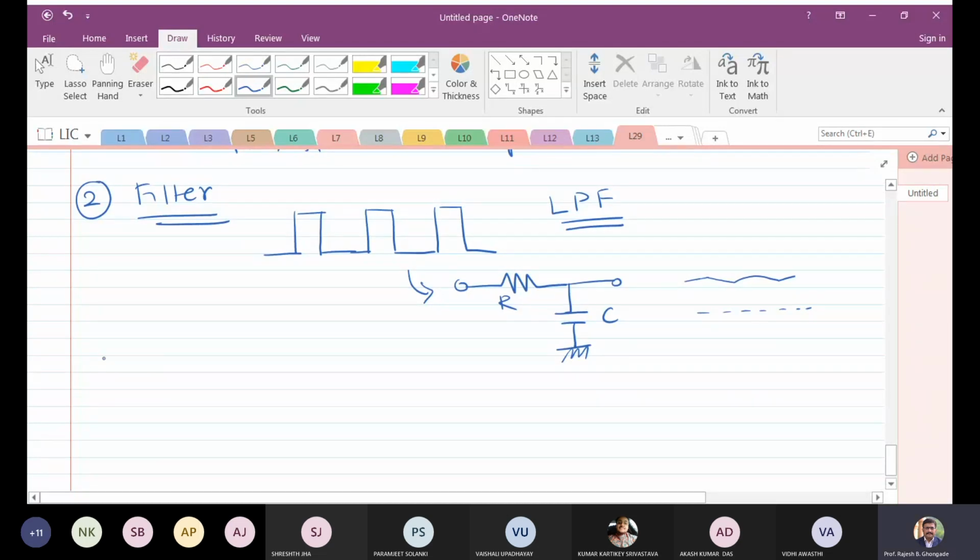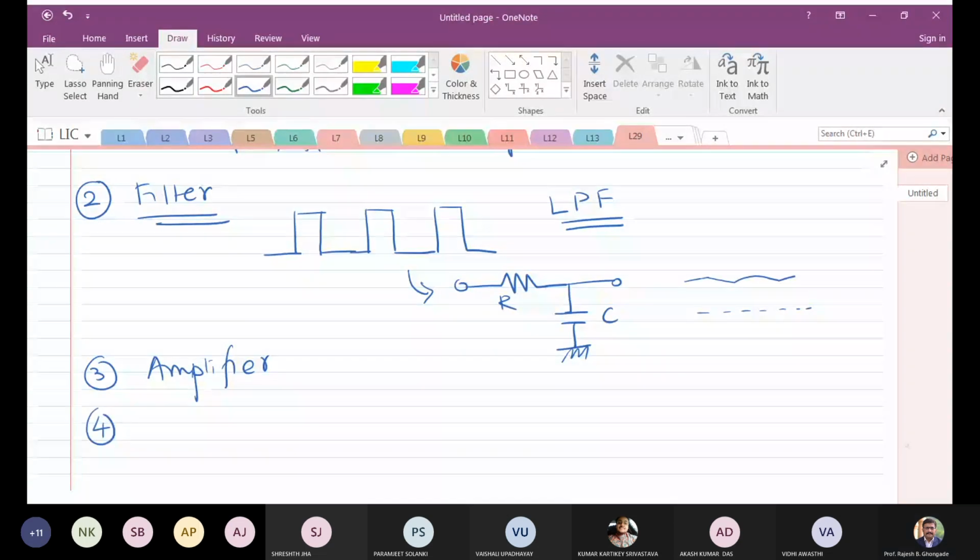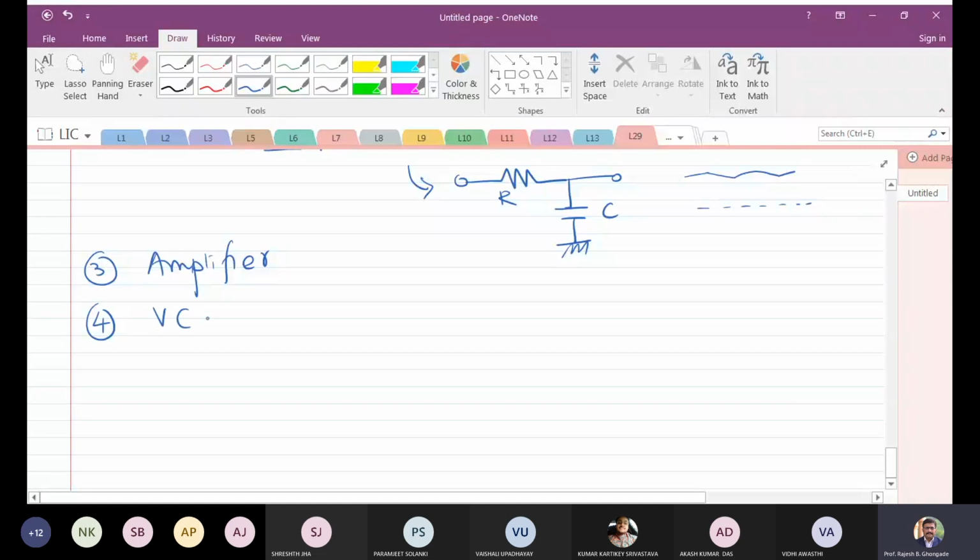Then the third component that we have is the amplifier. The function of this amplifier is to simply increase the error voltage to the level which is required or expected by the VCO. That's all. It's just an error amplifier, a voltage amplifier. And the most important part, let us call it the heart of the PLL, is the VCO. We have already seen what a VCO is, where a DC voltage controls the frequency of the output signal.